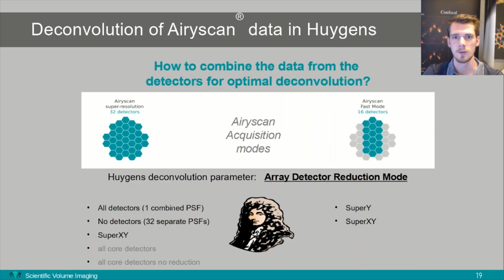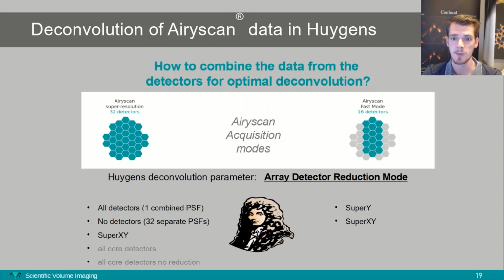Huygens deconvolution of array detector can be performed with a theoretical PSF and a measured PSF. And then there is still the option of performing deconvolution by combining the PSF information of all 32 detectors into a single image beforehand, or by deconvolving each detector image separately with their own PSF.